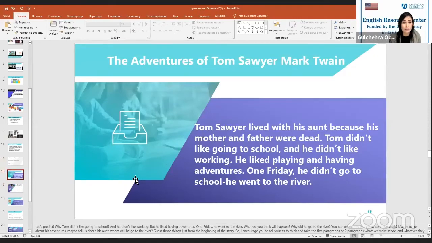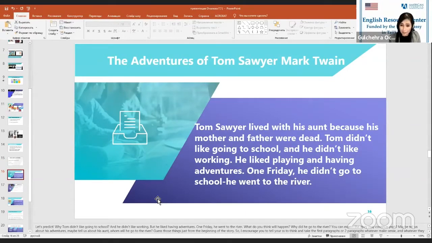Let's predict why Tom didn't like going to school and didn't like working, but liked having adventures. One Friday he went to the river. What do you think will happen to him? Why did he go to the river?